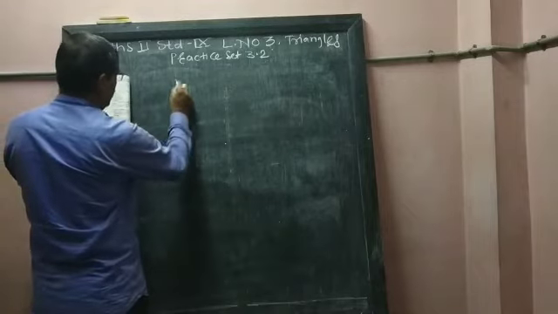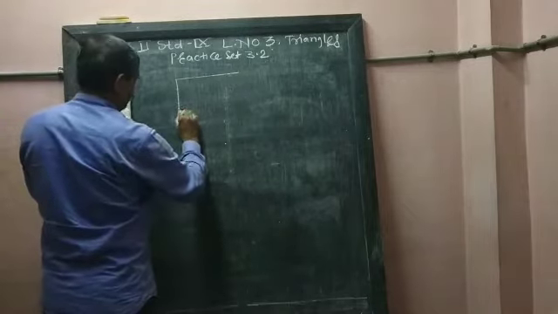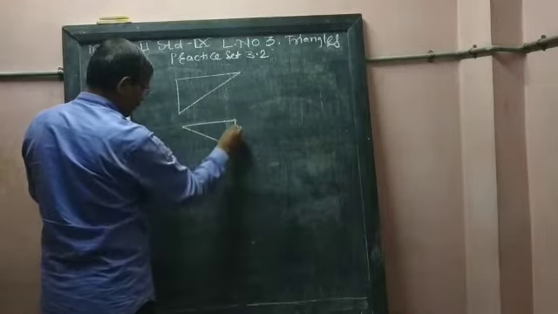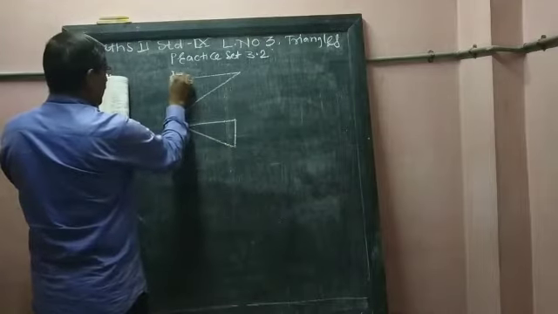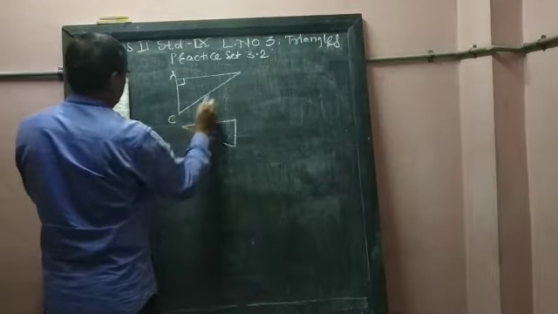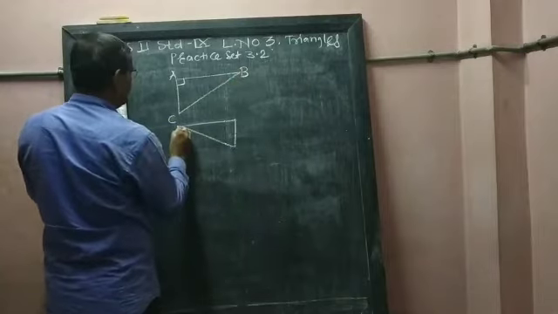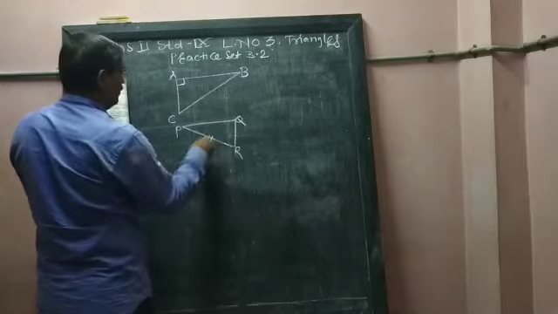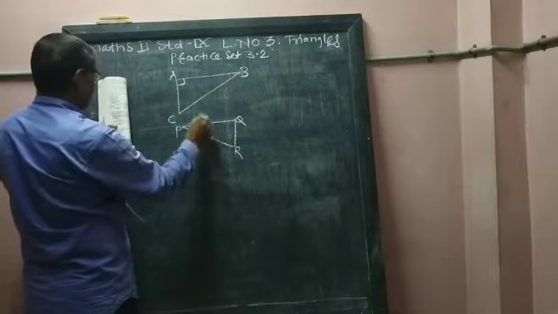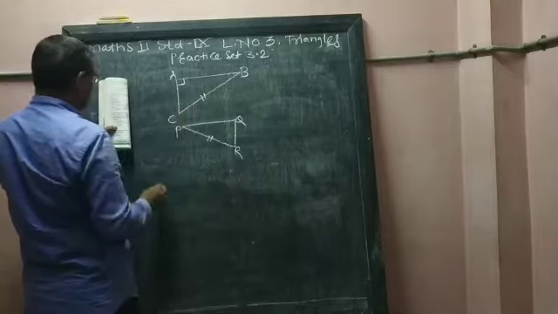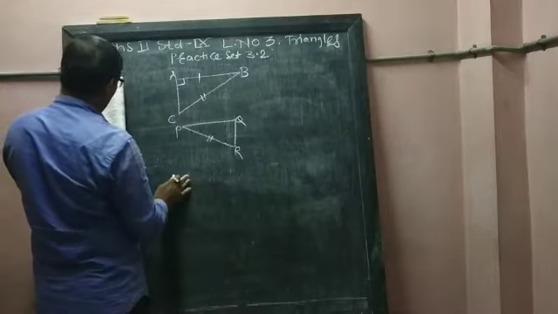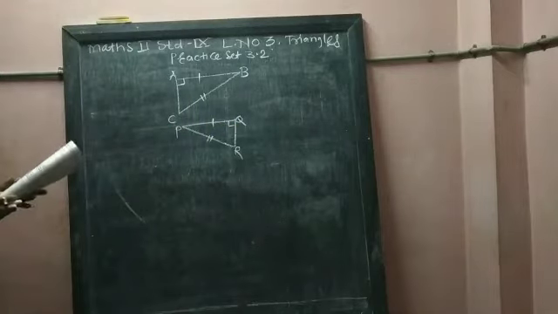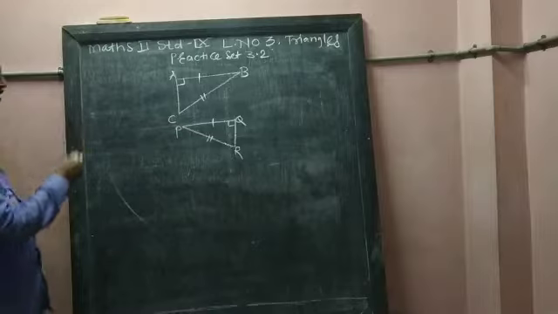I will draw the diagram: A, C, B and P, Q, R. These two marks are given here, and here also two, and these are 90 degree angles. Here you have to prove how these two triangles are congruent.